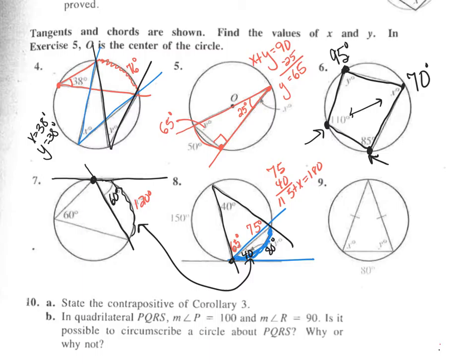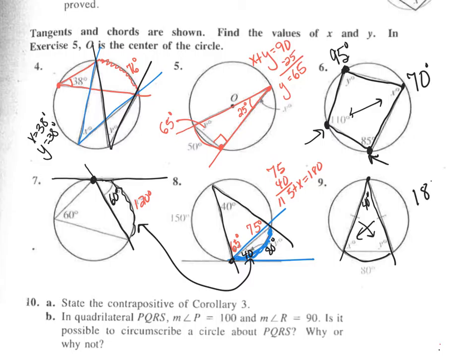Then lastly, we have another inscribed angle, and its intercepted arc is 80, so that means this angle up here is 40. We also have an isosceles triangle, so that means that x and y are going to be the same degree measure.